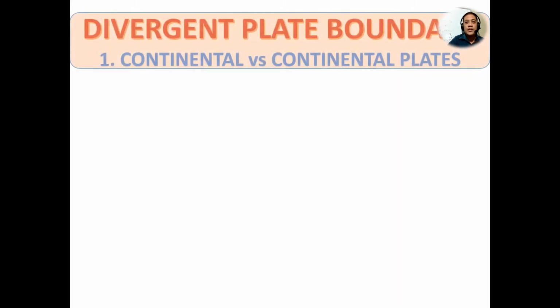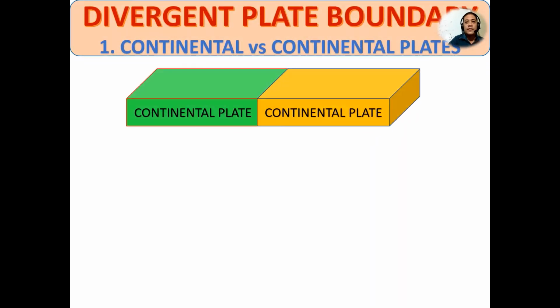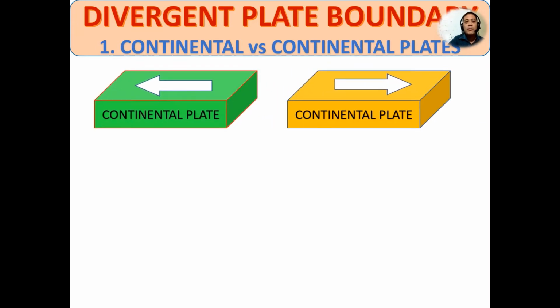At a divergent plate boundary, the two plates are moving apart. The first type of divergent plate boundary we are going to discuss is the moving apart of two continental plates. We call this continental divergent plate boundary.